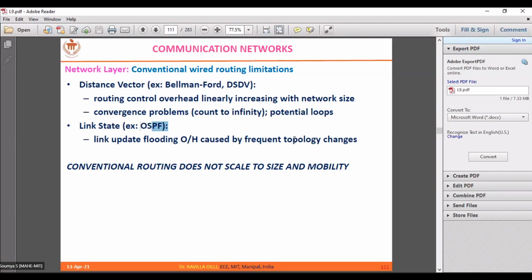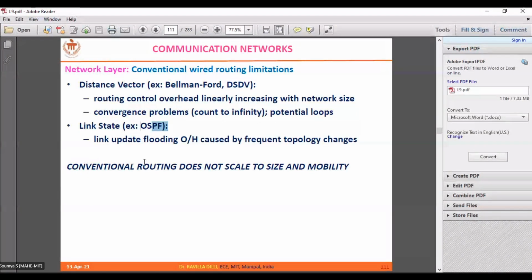Every time there is a change in the topology, a link state packet has to be sent, and they also keep sending them periodically, and therefore the overhead is automatically going to increase. What you can note here is that conventional routing does not scale to size and mobility.